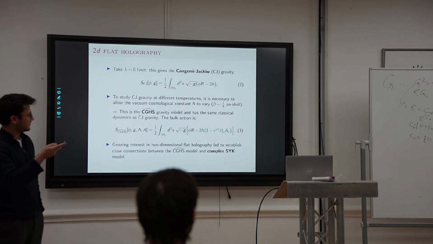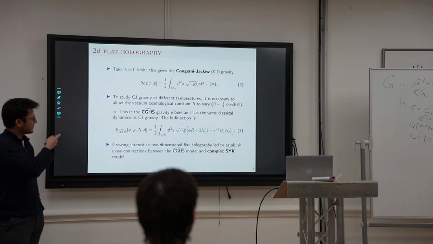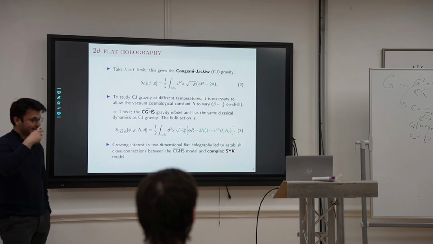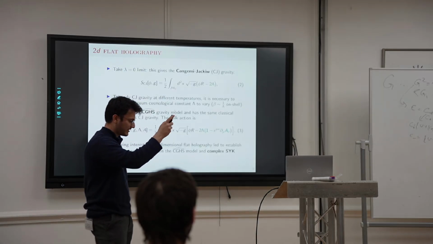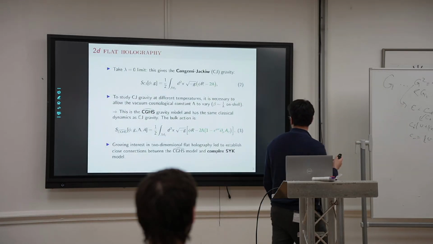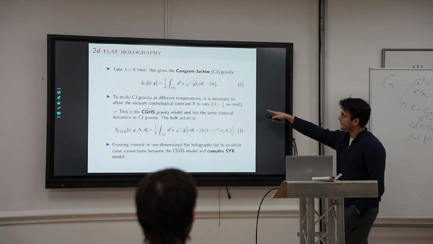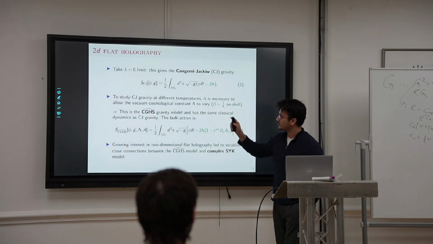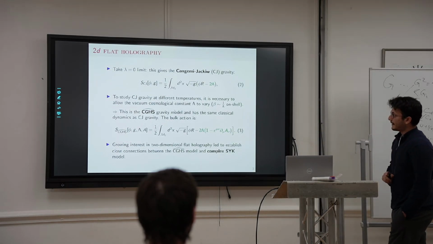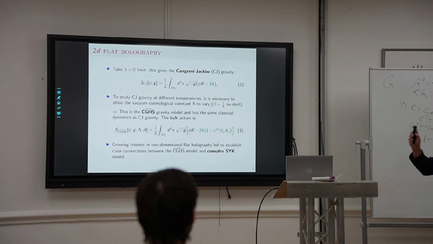So for instance, what they do recently is that you want to study this Cangemi-Jackiw gravity model at different temperatures when you take the path integral. And what you find is that the inverse temperature actually behaves like 1 over lambda, this vacuum cosmological constant. But lambda is a fixed number in this theory.